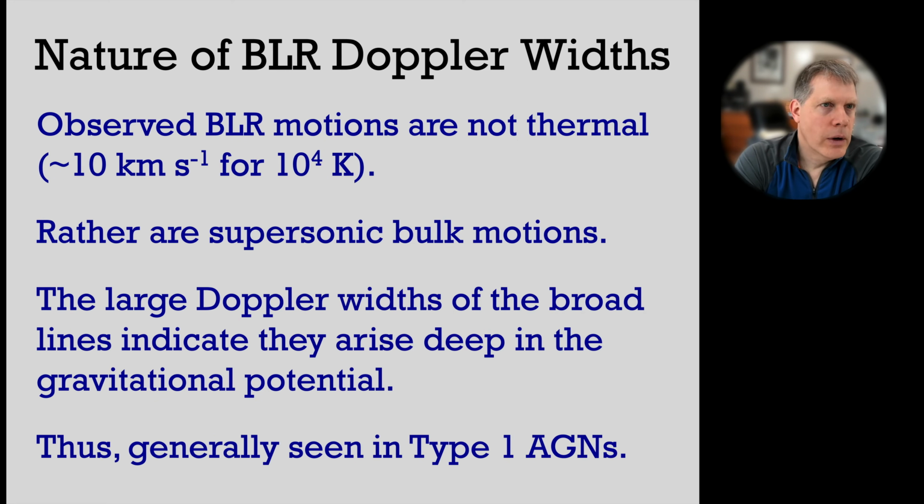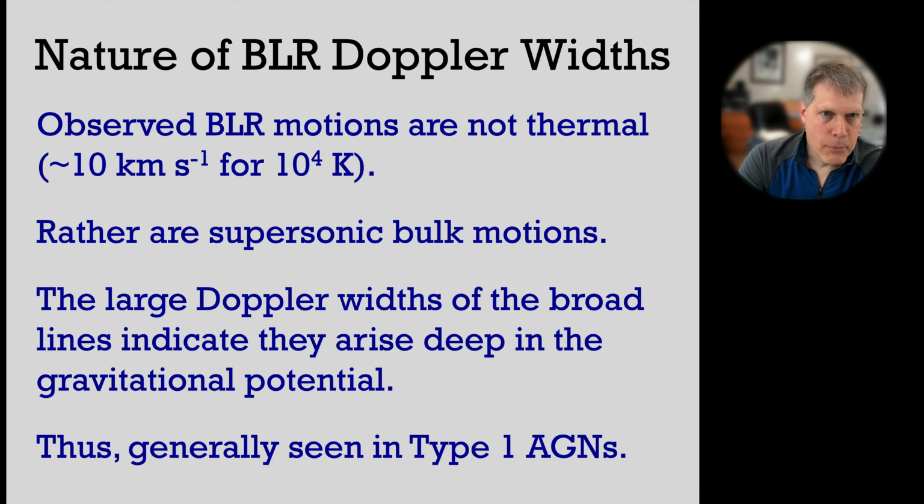Another point one can make is that the observed motions of the gas in the BLR are not thermal motions. The widths of the lines are not broad because the gas is so hot that thermal motions lead to the broadening. In fact, for the known temperature of around 10,000 Kelvin, you only expect typical thermal velocities of order 10 kilometers per second, 20 kilometers per second or so.